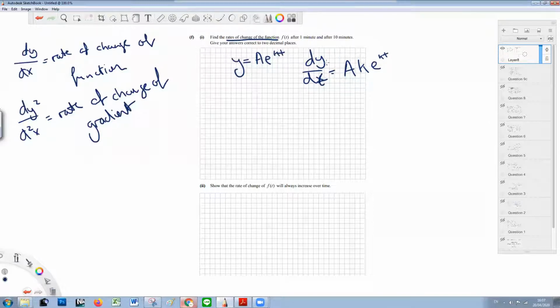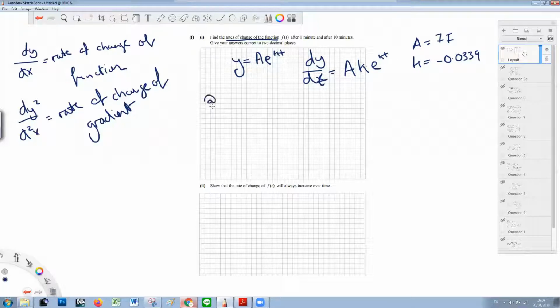So that's that. And then you need to find the rate of that change after 1 minute and after 10 minutes. Now, A is still going to be 77. K is still going to be minus 0.0339. And we just need to find it at 1 minute and 10 minutes.